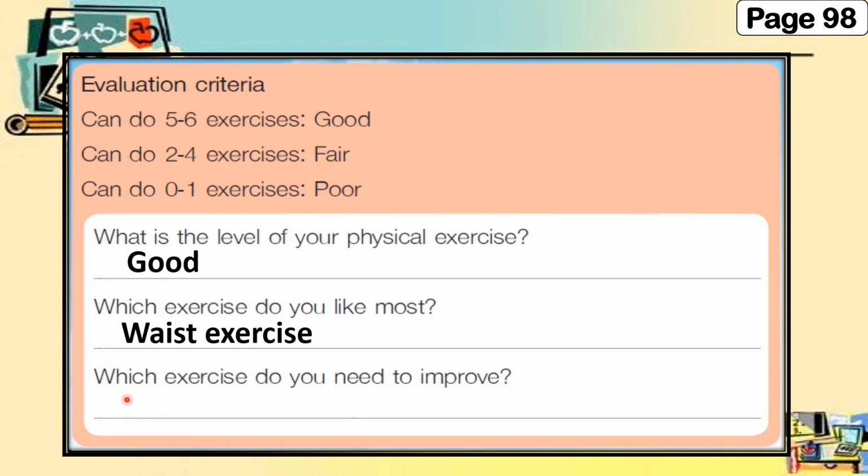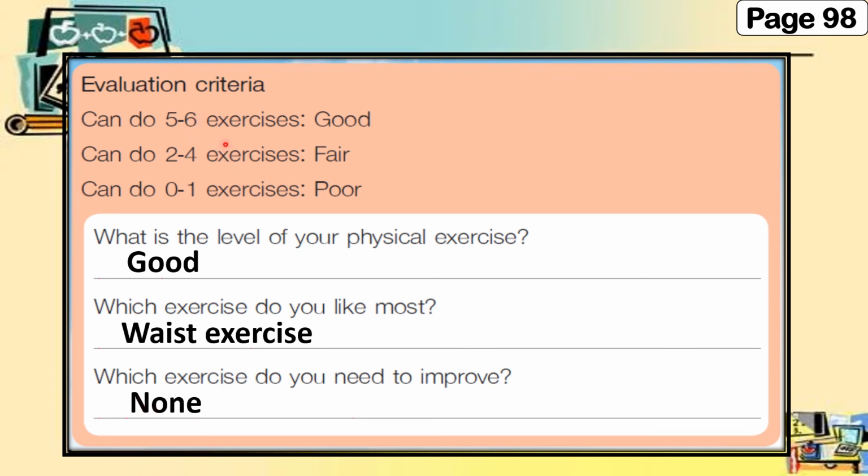Now on this last part here, on page 98, which exercise do you need to improve? So if you do 6, you write here none. No or nothing to improve because you can do all.